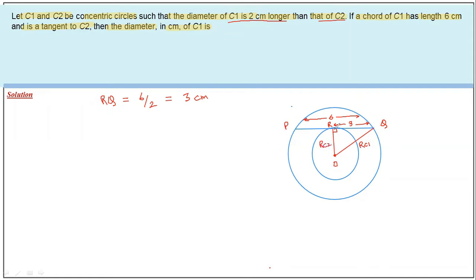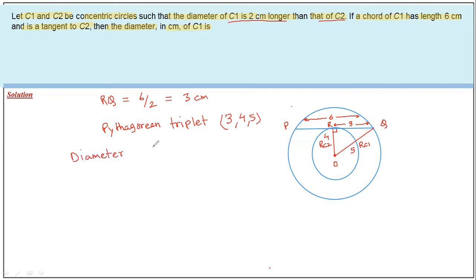Now if we notice the Pythagorean triplet, 3, 4, 5. So we have this one leg is 3. So if this is 4, OR is 4, then OQ is 5.